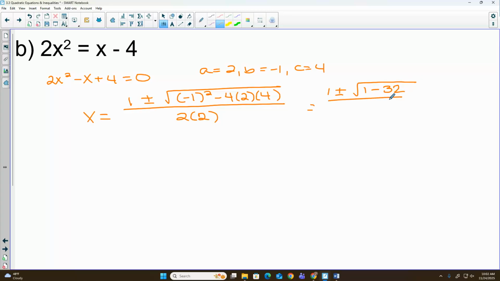So under my square root, I have 1 minus 32. That's the square root of -31.